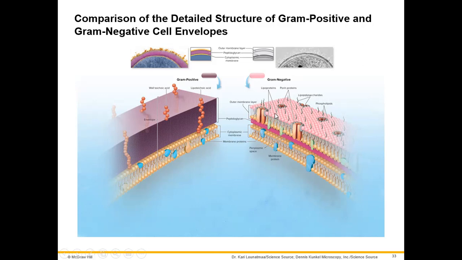It has lipoproteins, proteins that have lipids attached. These large structures are called porins that can allow things to go in or out of the cell. In the bacteria, the lipopolysaccharide layer has either sugars or proteins that have lipids conjugated to them.